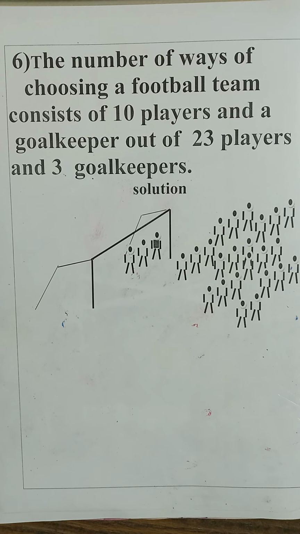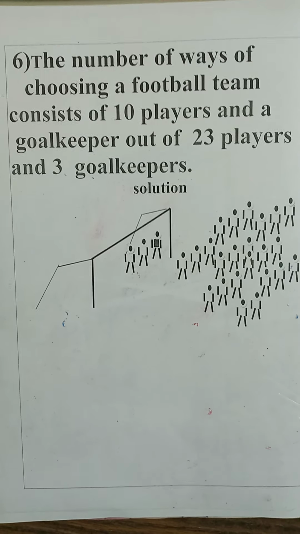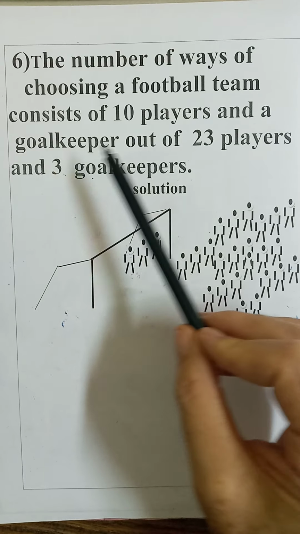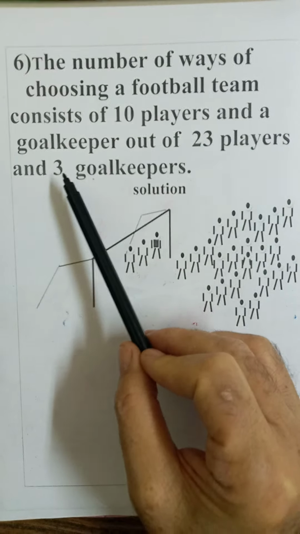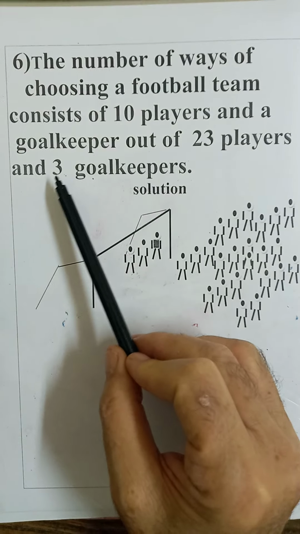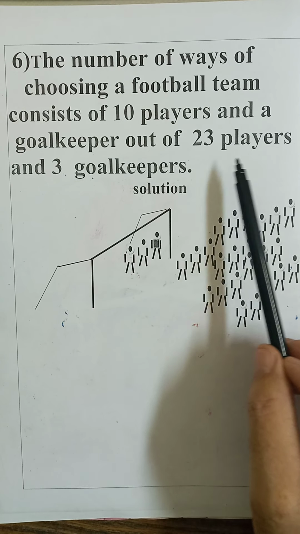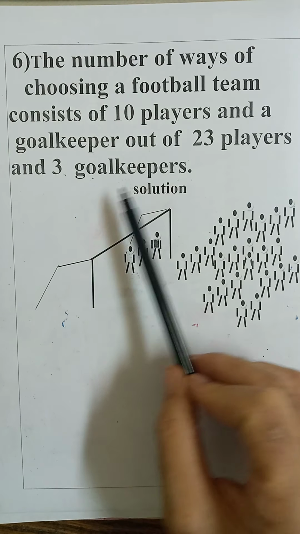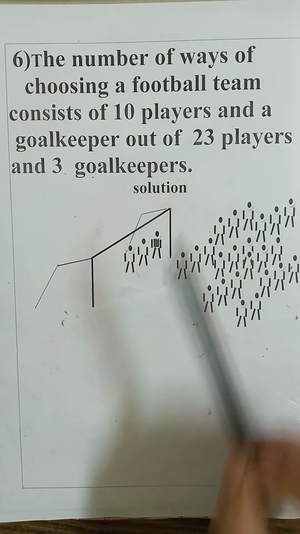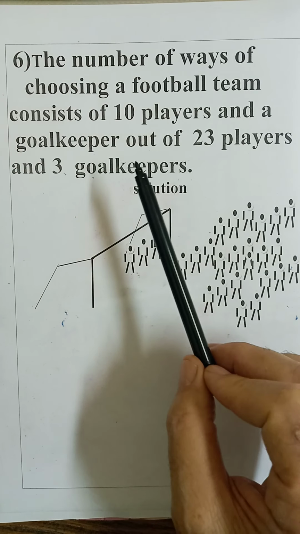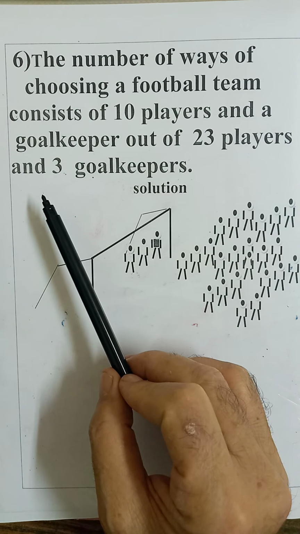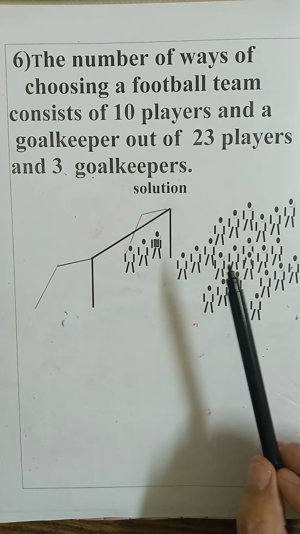Last one. It says here: the number of ways of choosing a football team consisting of 10 players and a goalkeeper out of 23 players and 3 goalkeepers. We have 3 goalkeepers and 23 players and I want to make a team from them. The team consists of a goalkeeper and 10 players, meaning 11.